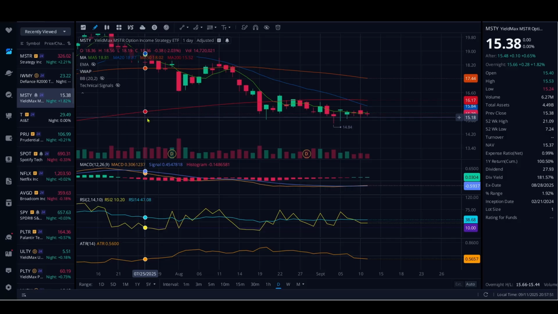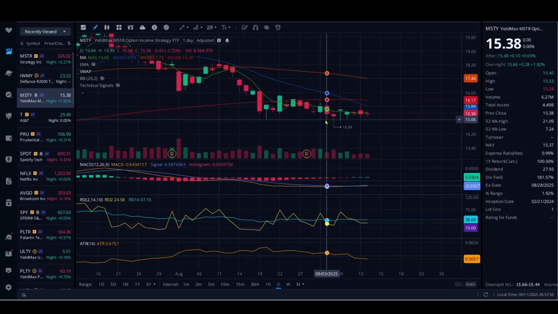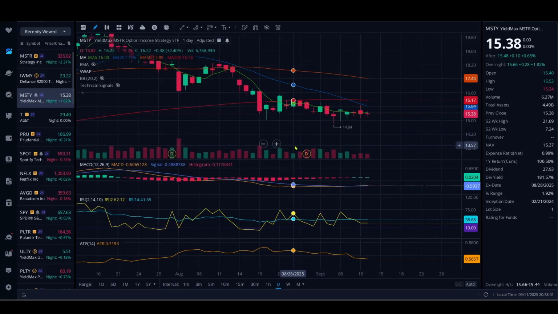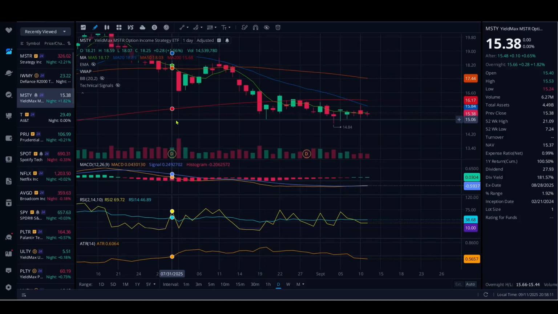In my opinion, you're seeing a better look of the long-term price performance without all of the noise of the distributions, the stock splits, the dividends, and any other events like that.